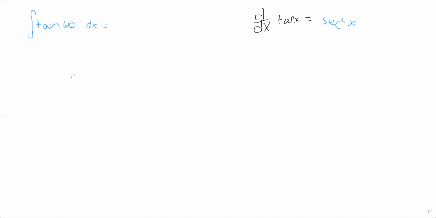I don't know. I applied the same process as I did for the second one, the antiderivative of cosine x. Oh, I see what I did here. Yeah, I see why that was a challenge one now. I knew it was too easy.